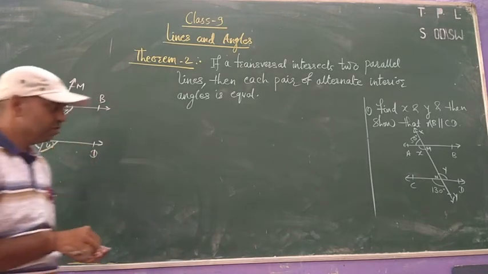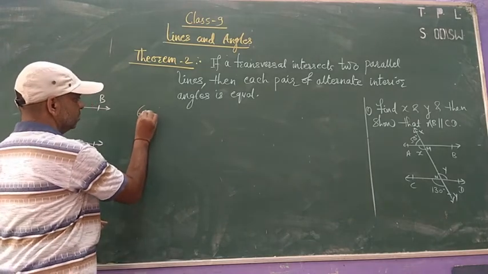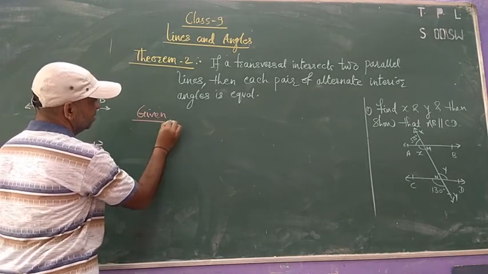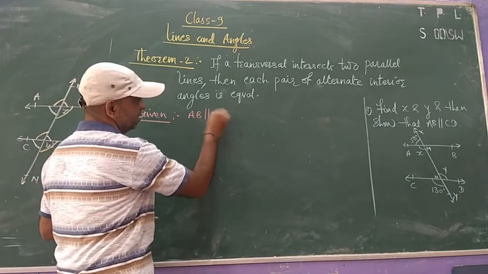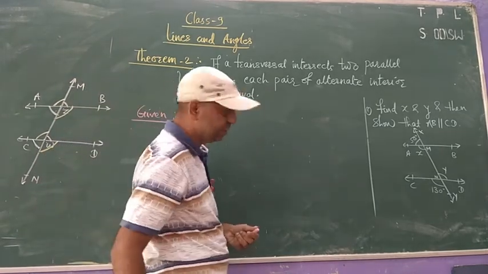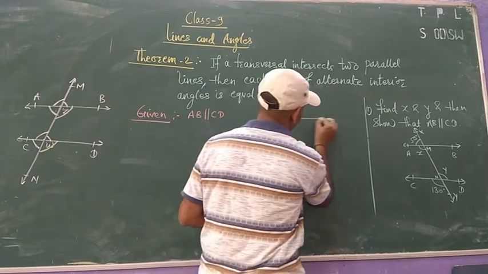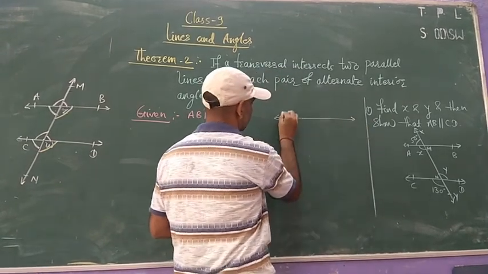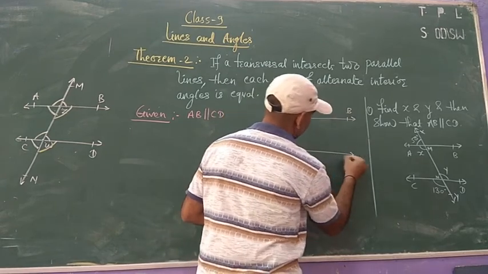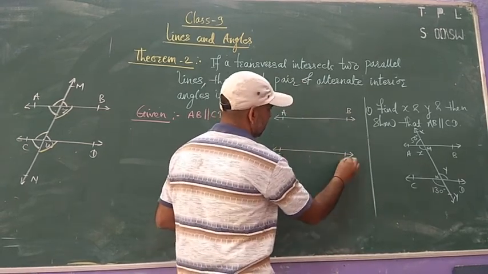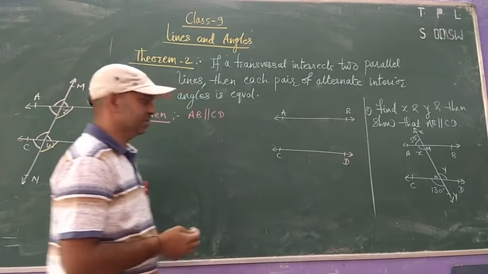So see here, what is given? AB is parallel to CD. Okay, so here this line AB and another line CD are parallel to each other.